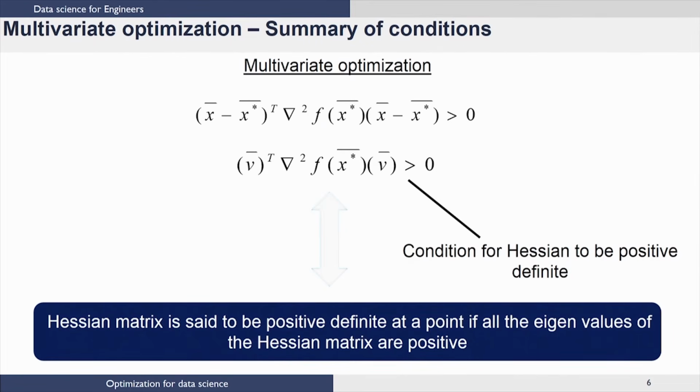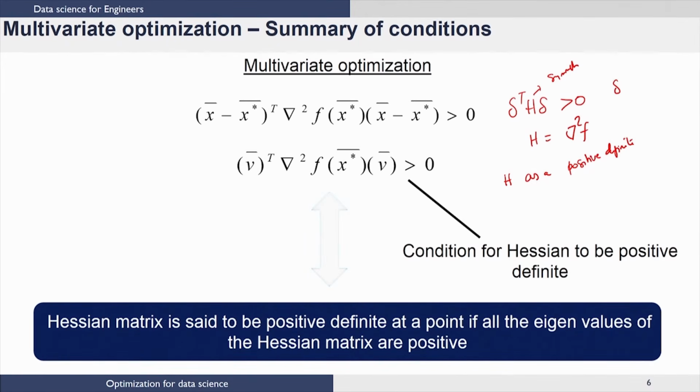So, we come back to this. In the last slide I wrote this as delta transpose H delta greater than 0, H is symmetric, H is basically this second derivative matrix. Now, we did not see this in the linear algebra lectures, but if I need this condition to be satisfied irrespective of whatever delta is, then we call this H a positive definite matrix.